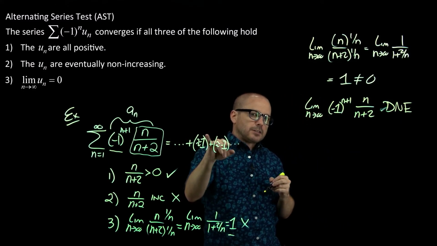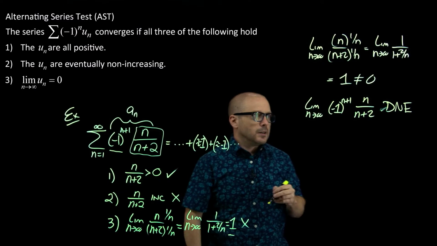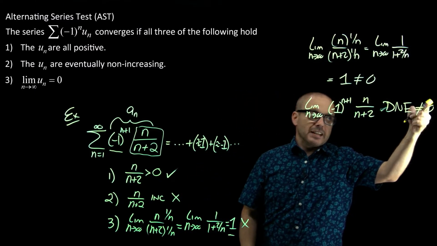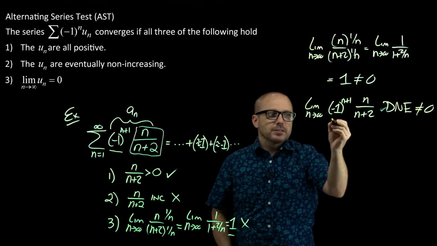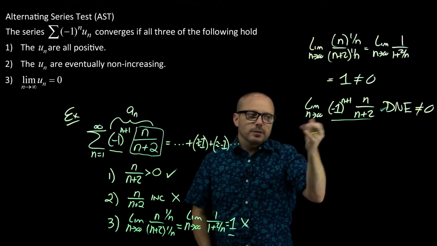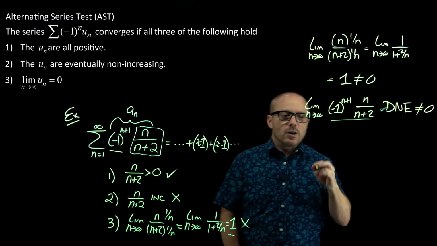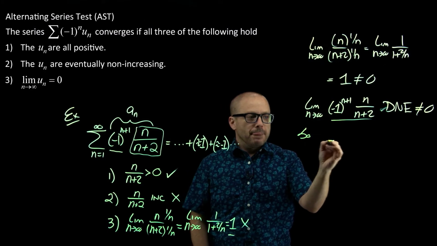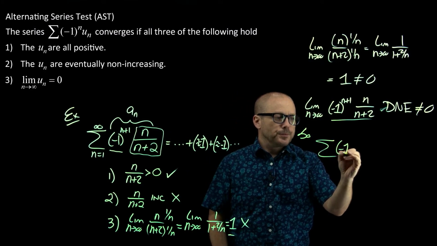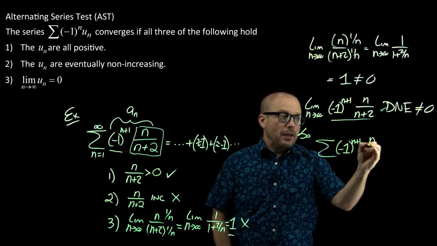Because out at infinity, it's getting closer to 1, negative 1, 1, negative 1, which is definitely not 0. Now that is nth term, because these are the actual terms of the series, and they're not heading to 0. So our series diverges by nth term test.